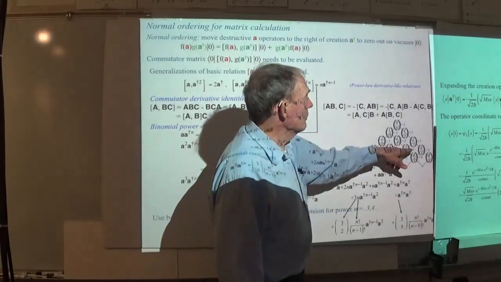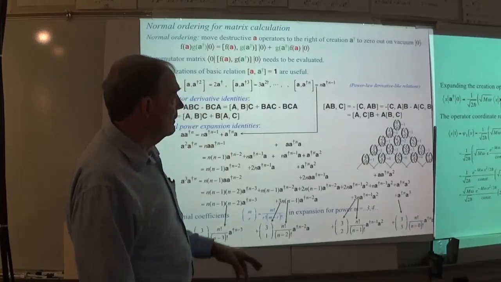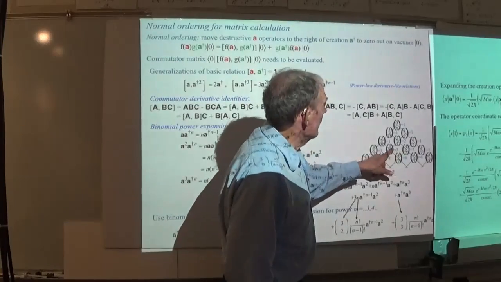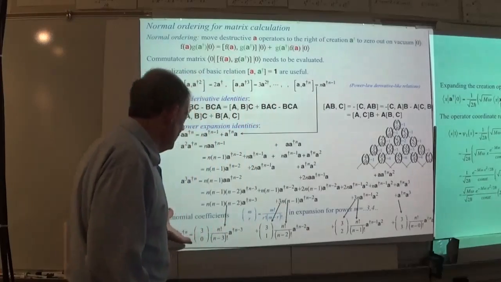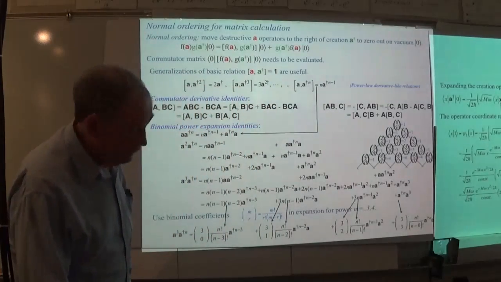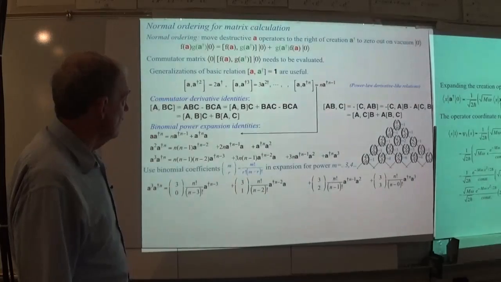These are the binomial coefficients in a nice Pascal triangle, and so we're looking at these values right here. So that is an example of an expansion using these things. This is the bookkeeping that we like to use for these things.